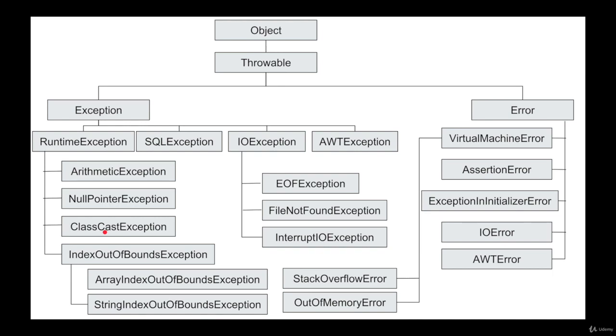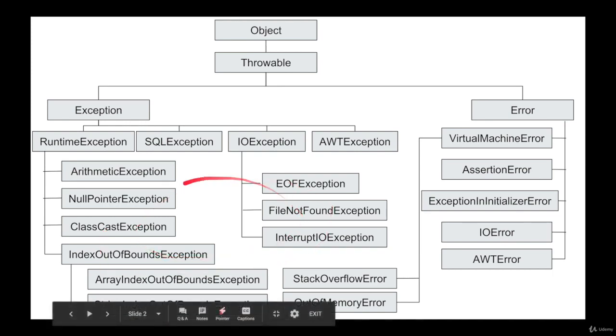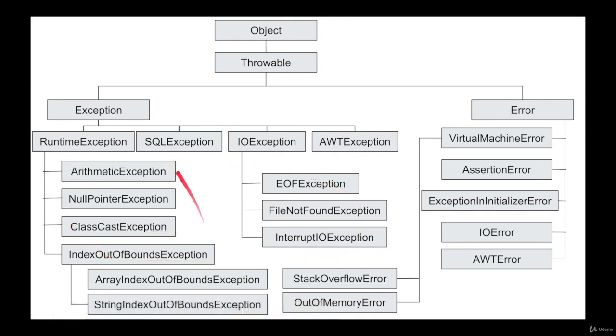All the common methods and common variables that are needed for all the exception classes will exist in the parent exception class. So this is an example of inheritance.